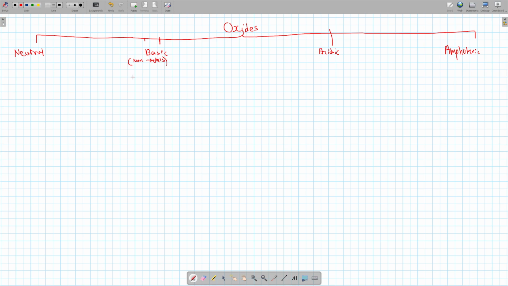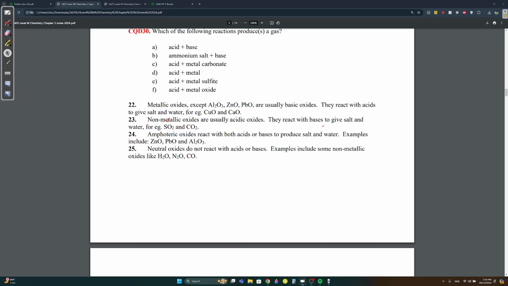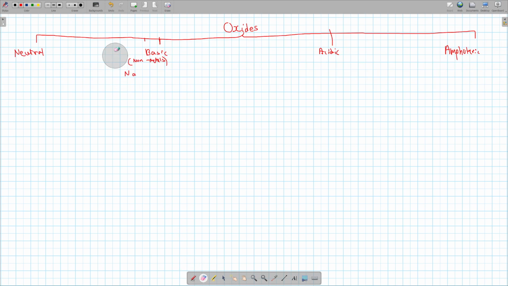Should be metallic, not non-metals, right? Metallic. Yeah. So why did I write non? My notes are wrong. Metals. They are metals.